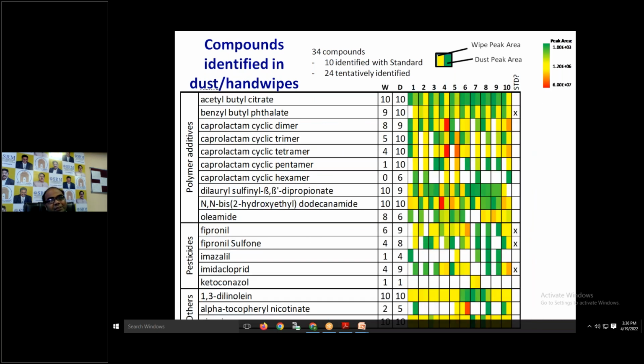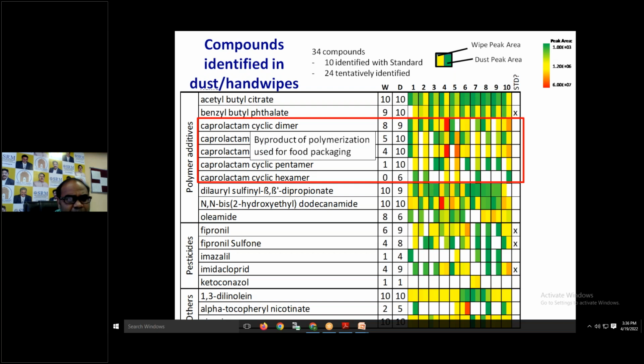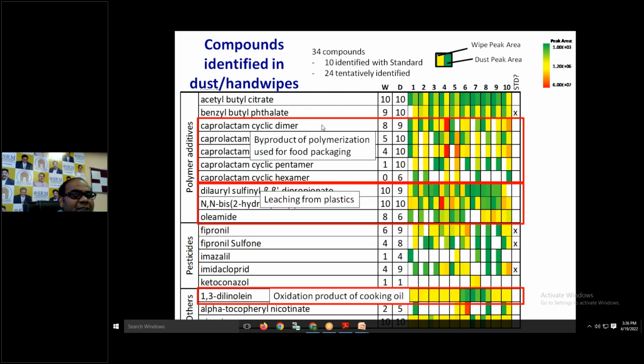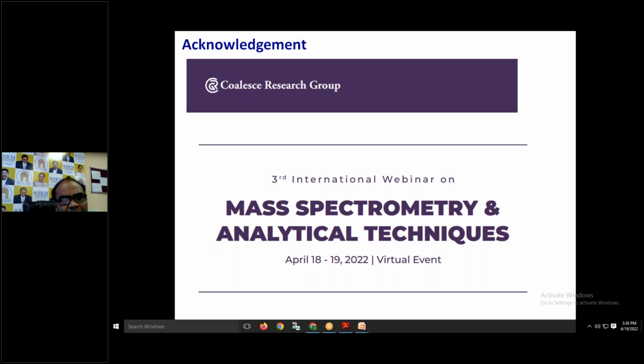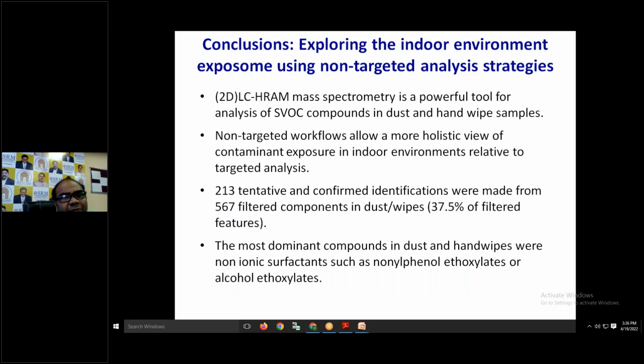So these are the main compounds which are able to be identified as exposomics. This is the main procedure to identify the presence of exposomics in the environmental sample.